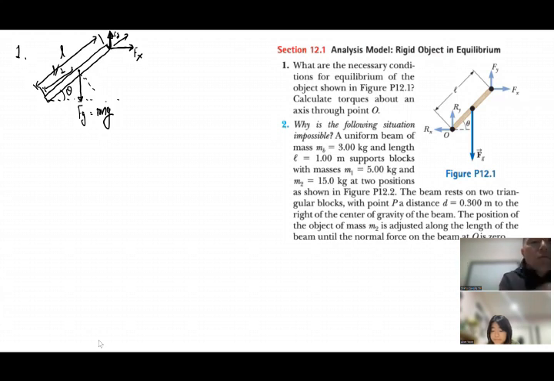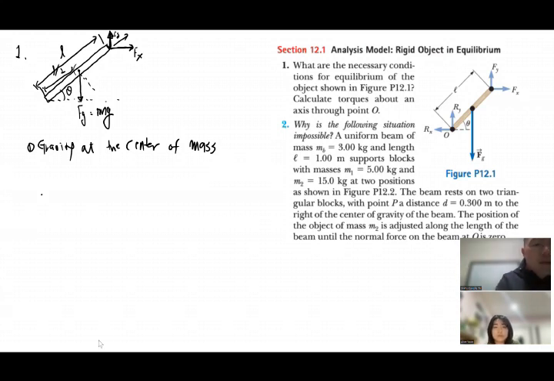And the number one, gravity at the center of mass. So if you look at the torque from the gravitational force right there.